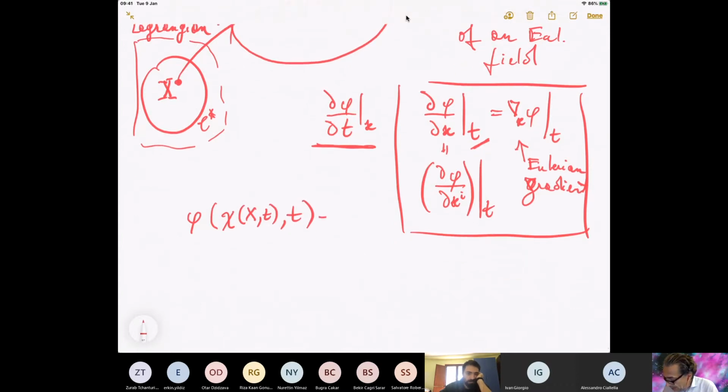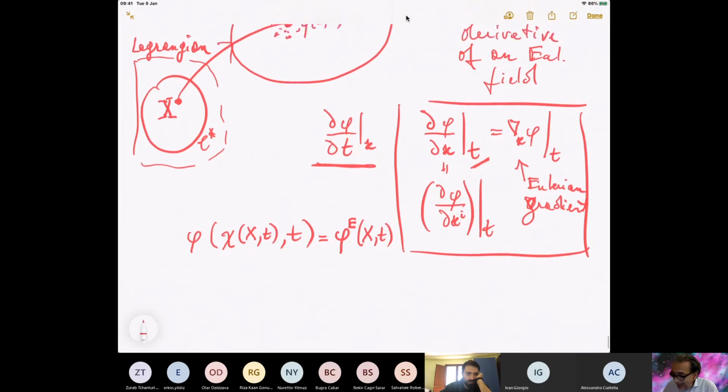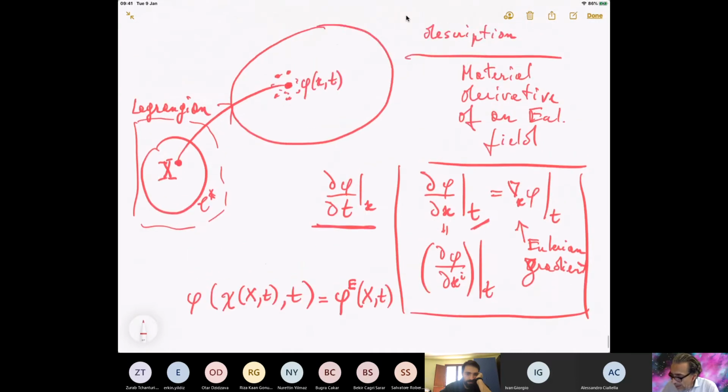And this is what we could call phi Eulerian as a function of capital X and t. So what I do, I choose one material particle, capital X. I go in the Eulerian configuration via chi.